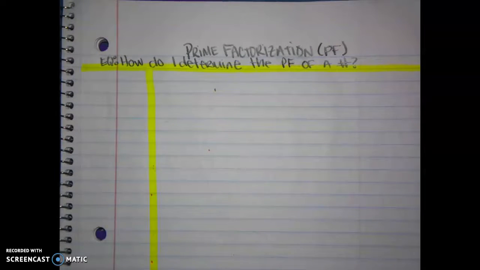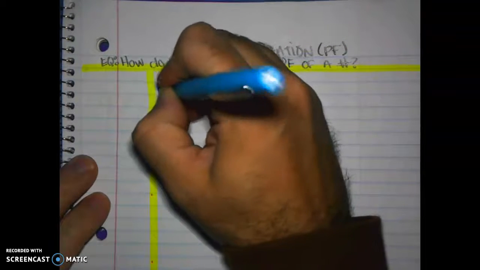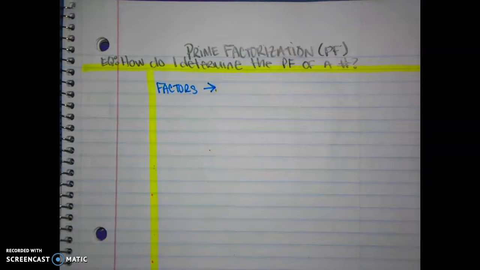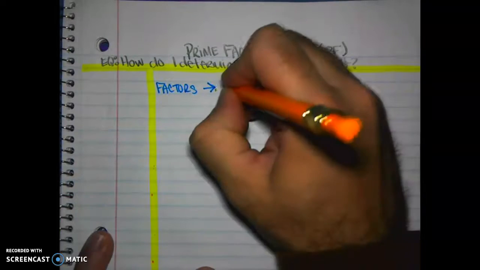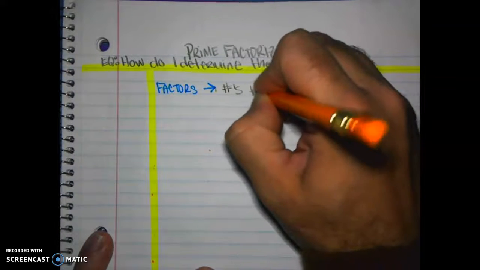We first need to talk about a couple of keywords here, some vocabulary words. And the first one is one that you're probably familiar with, and that is factor or factors. Okay, so factors are going to be those numbers that are multiplied together.